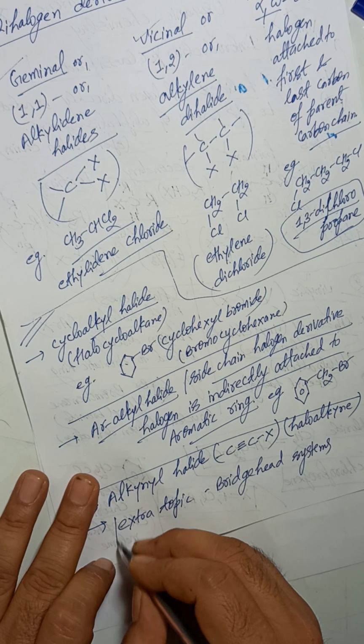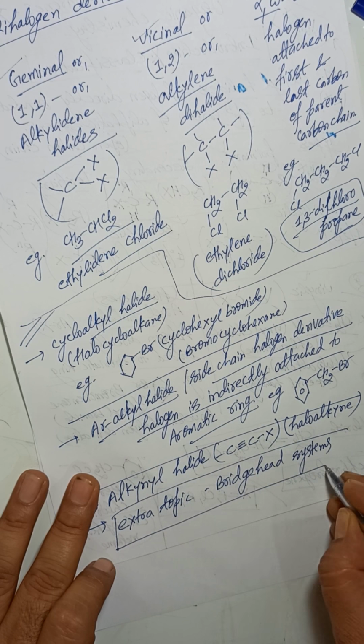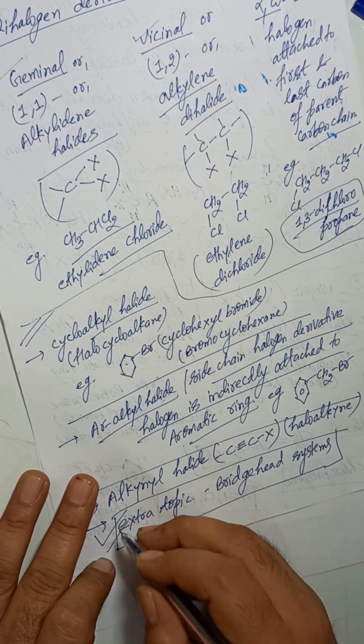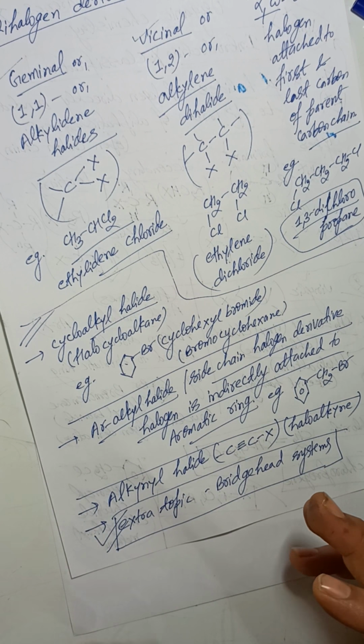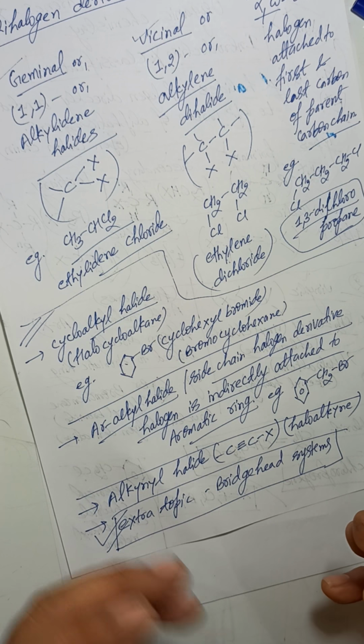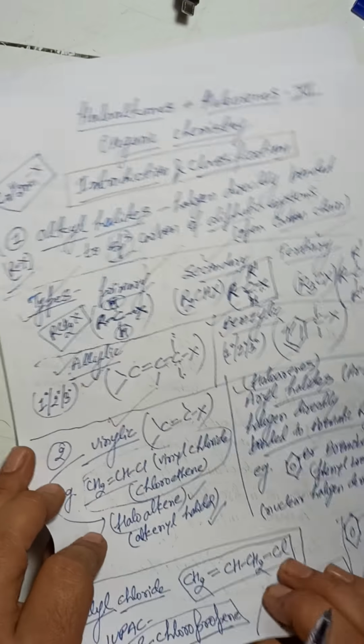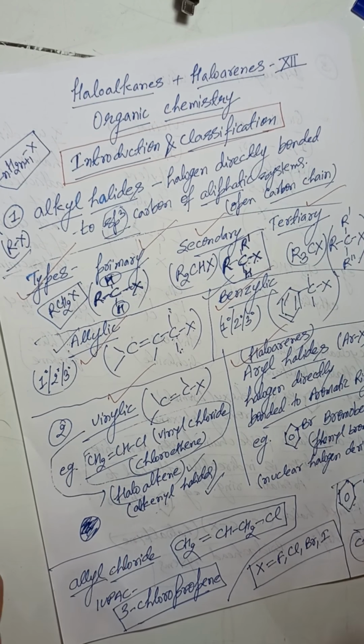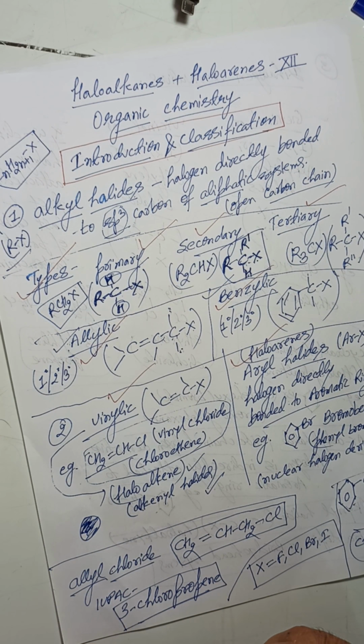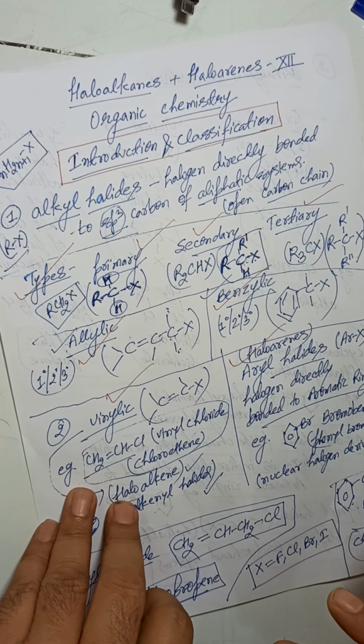You must have learnt about this in class 11th. So there can also be bridgehead primary, secondary, tertiary alkyl halides. Correct? We will discuss this later. So this is the introduction and classification related to haloalkanes and haloarenes.